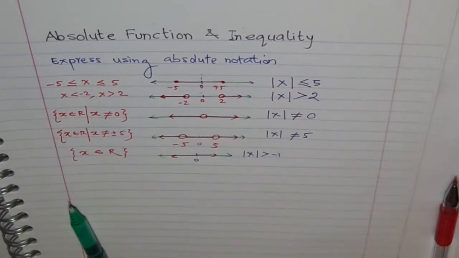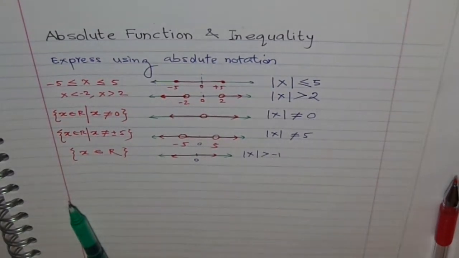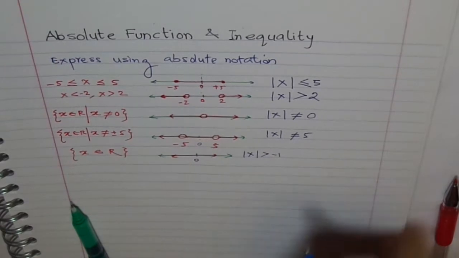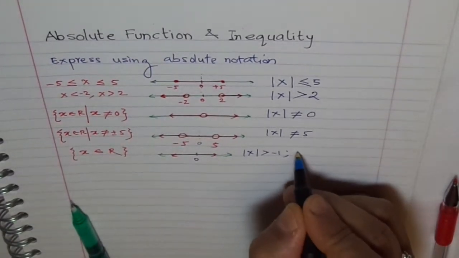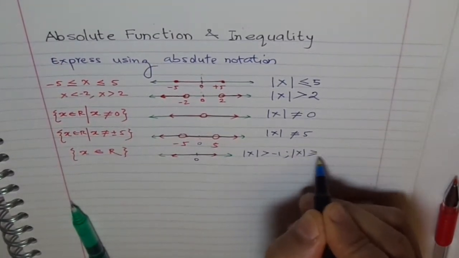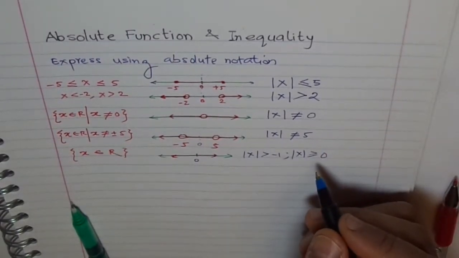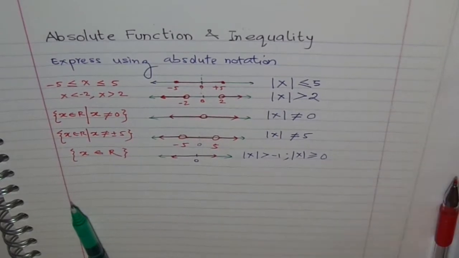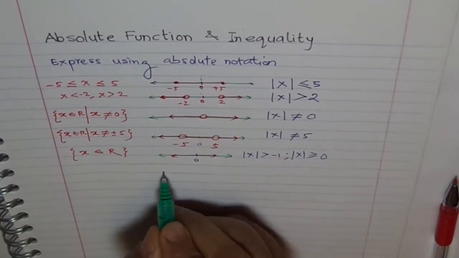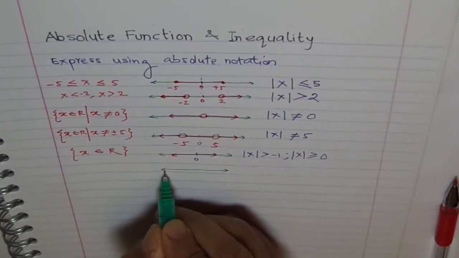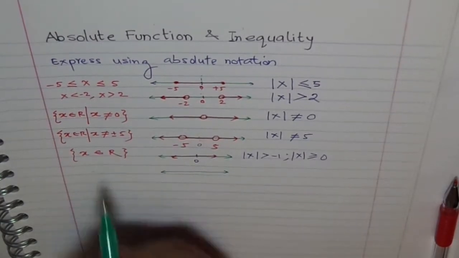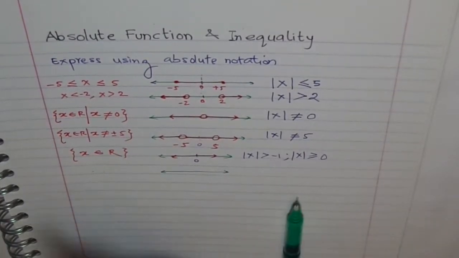It is always true, right? It's always greater than minus 1. So all real numbers. Or you can say absolute x is greater than or equal to 0, which it is. That means all real numbers. Correct? Perfect. Now, if you have to say there's nothing on a number line, nothing, that means 0. So the domain is a blank set.